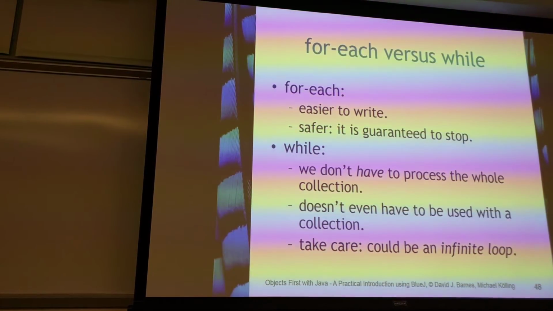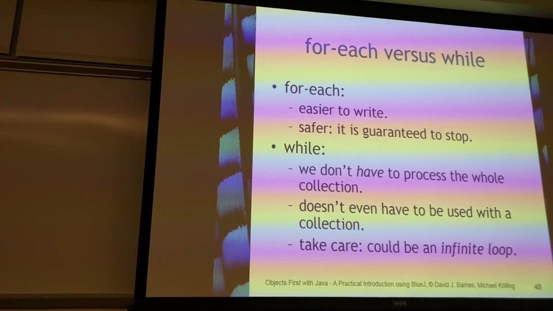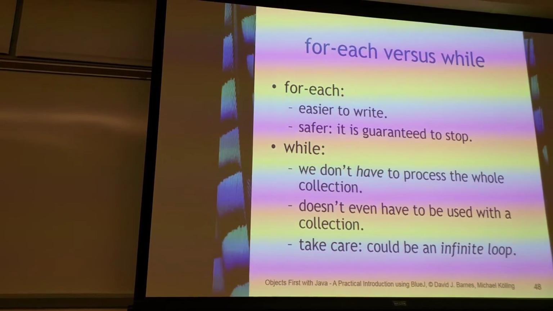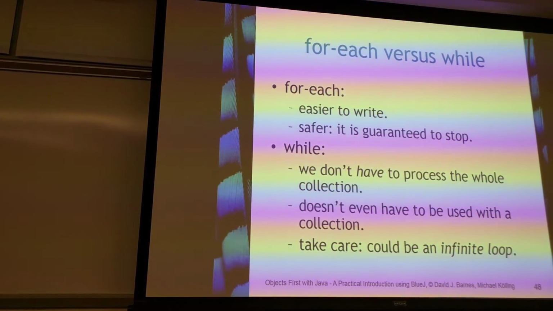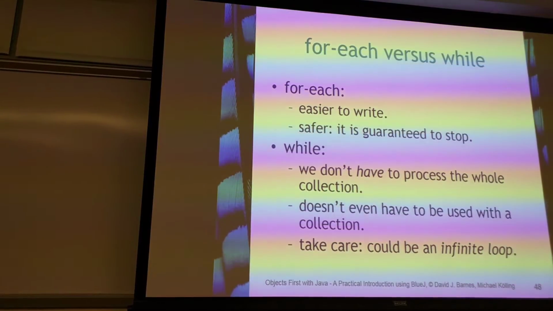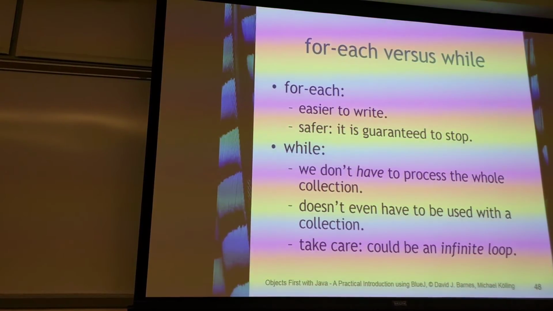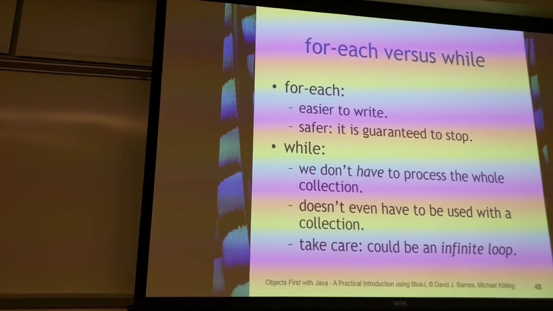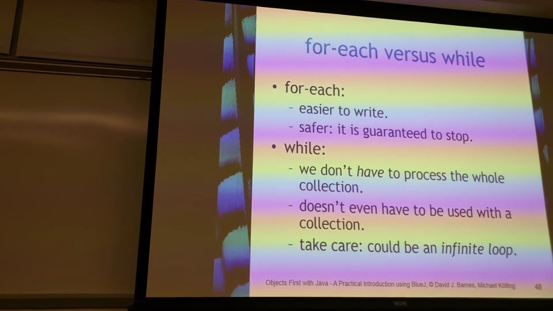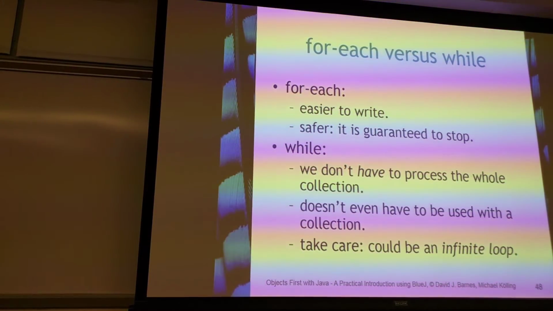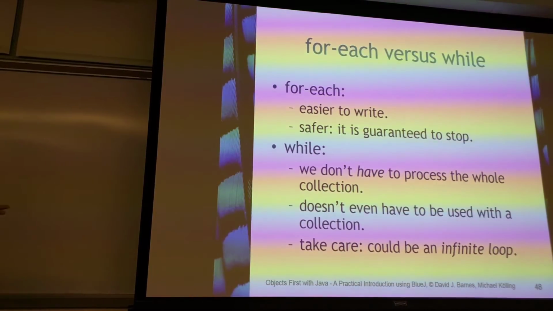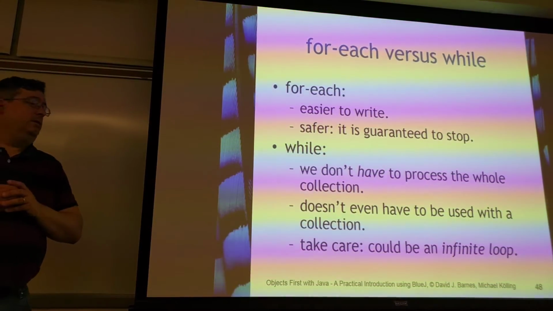Collections don't really have a concept of storing a null value. But if you were for eaching over an array, that's different. If it was an array of objects, you might have some that are null. But for a collection, they don't normally store null values.